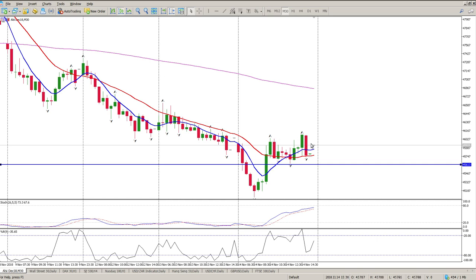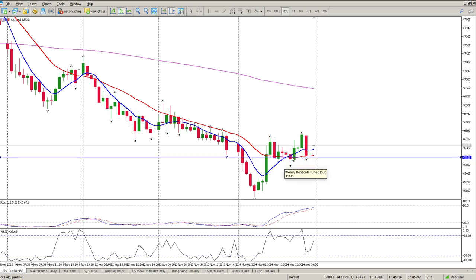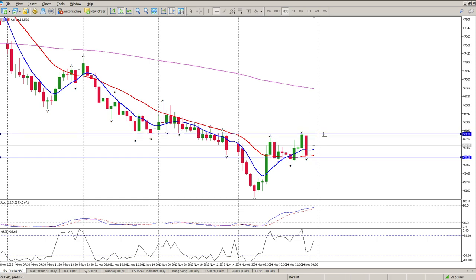Now we're consolidating. So for me, I'm looking for a break of either fractal. Either this fractal is the upside or this fractal is the downside. Break of the upside is 46,110, and break of the downside is 45,730. Those are my two fractal levels.